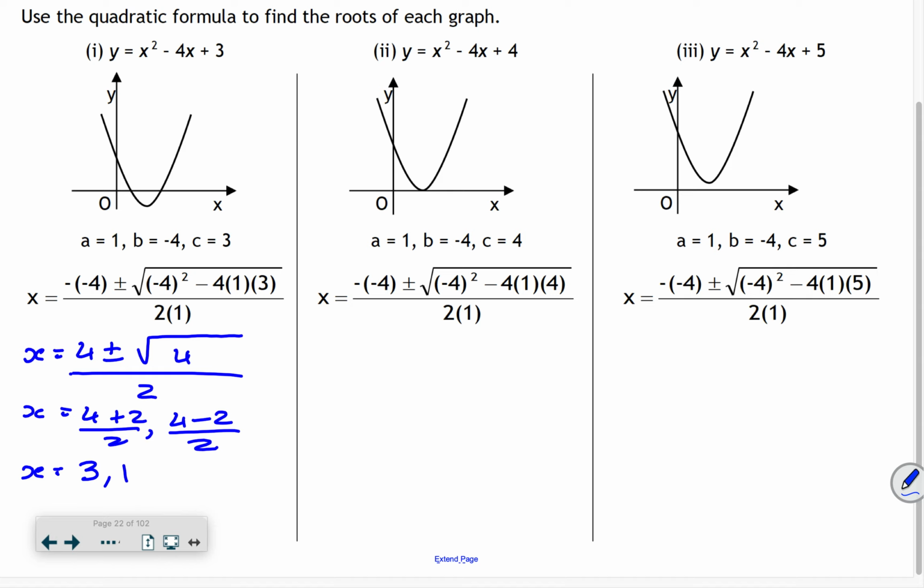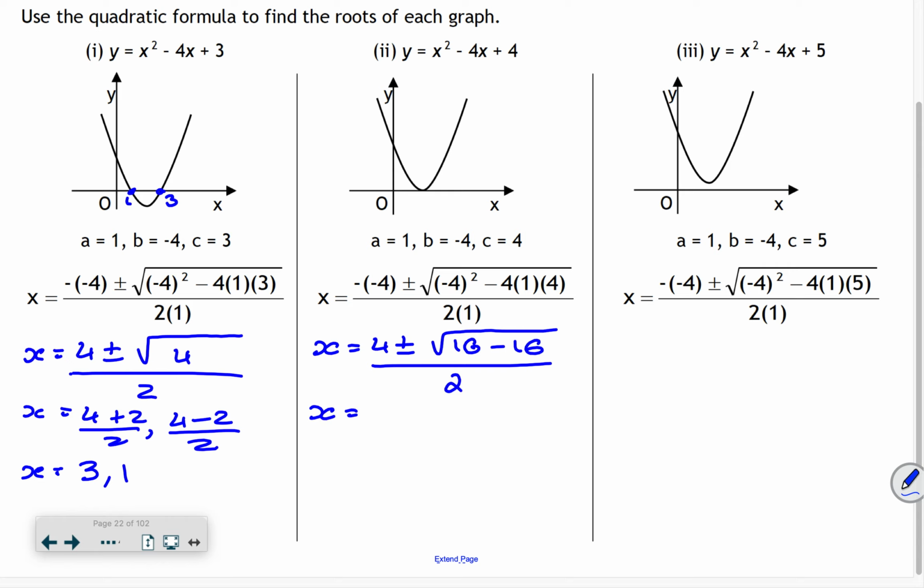Okay? So that would mean that this bit here is going to be 1, this bit here is going to be 3. Let's look at part 2 then. So we've changed the last number slightly and we've changed it from 3 to 4. So let's process it through. So we get x is equal to 4 plus or minus the square root of minus 4 squared is 16, take away 16, all over 2.